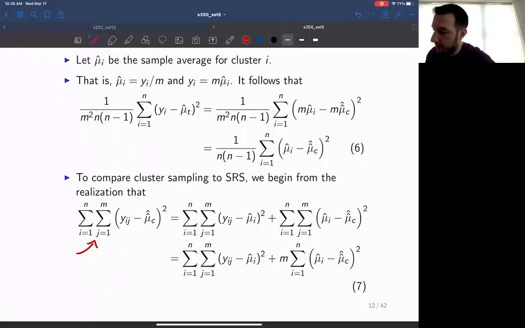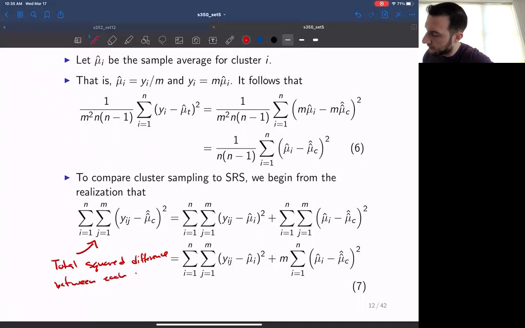So this quantity here is the total squared difference between each observation and the overall mean, right?